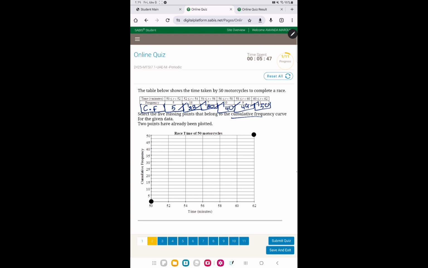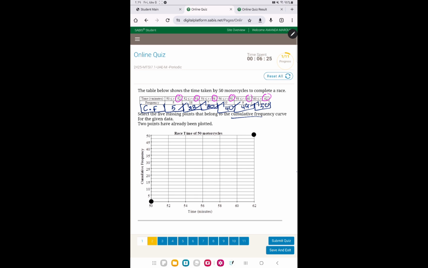So now they need us to plot the points, okay? Keeping the cumulative frequency in mind, let us see what the points are and how we plot them. First thing, at a time of 50 minutes, we have a 0 frequency. Then, look what you are going to do. You are going to go to the interval and always take the last digit of the interval.